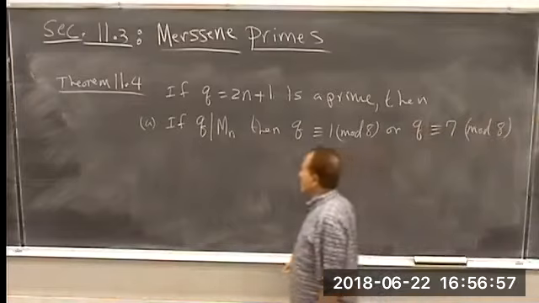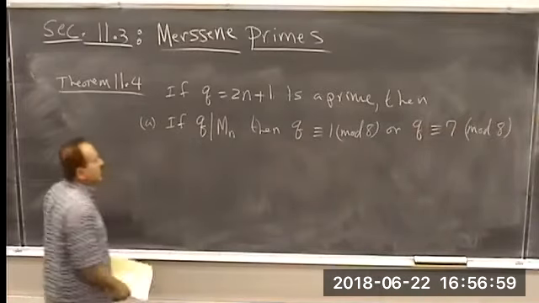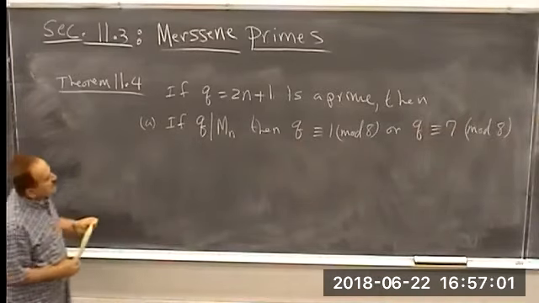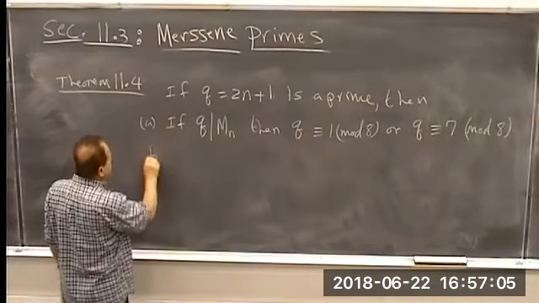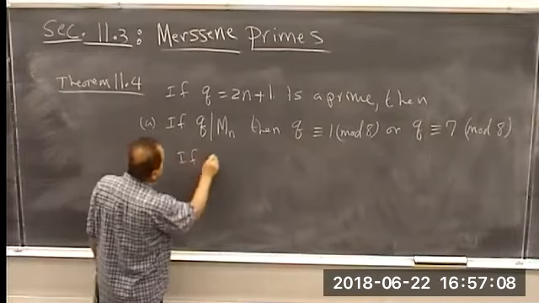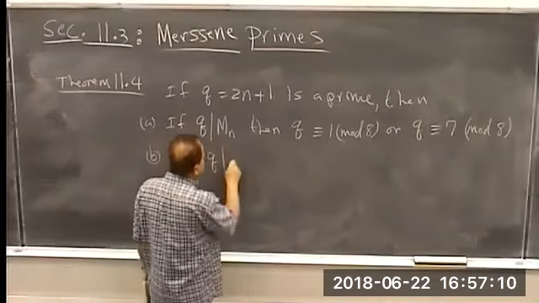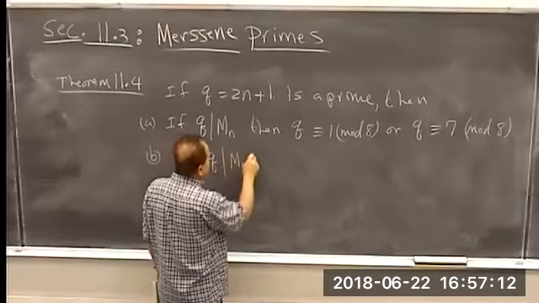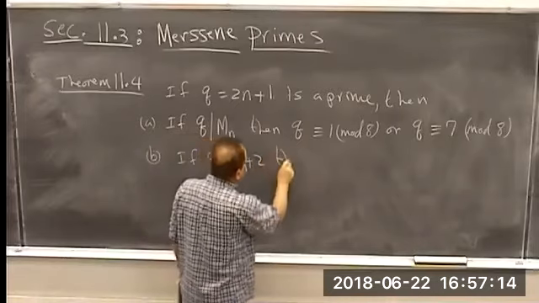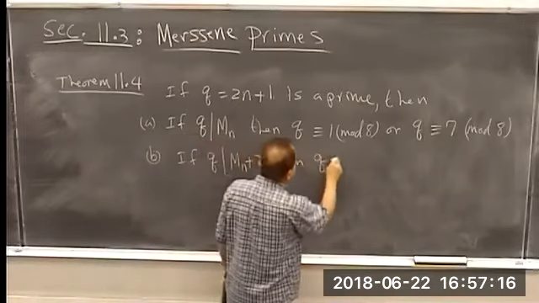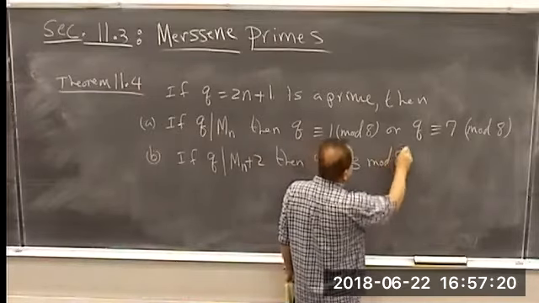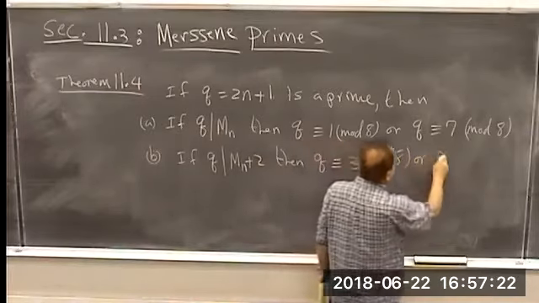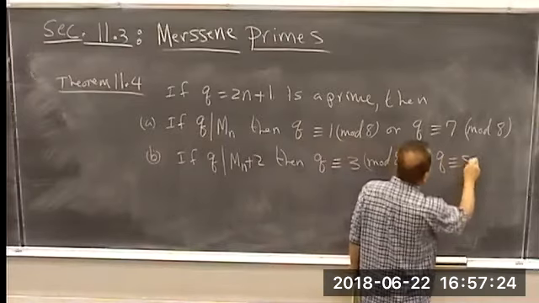So these are the types of prime factors that will appear. And on the other hand, if Q divides M sub N plus 2, then Q is congruent to 3 mod 8, or Q is congruent to 5 mod 8.